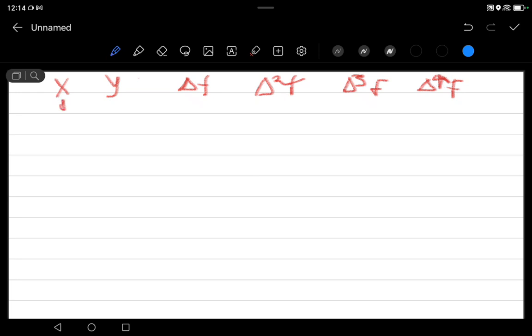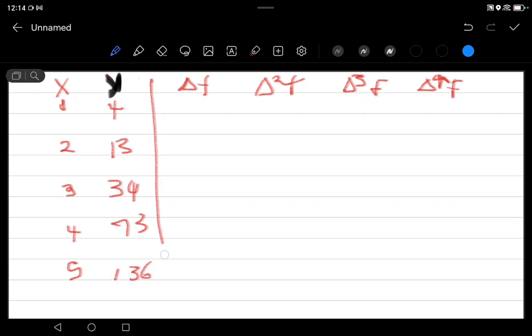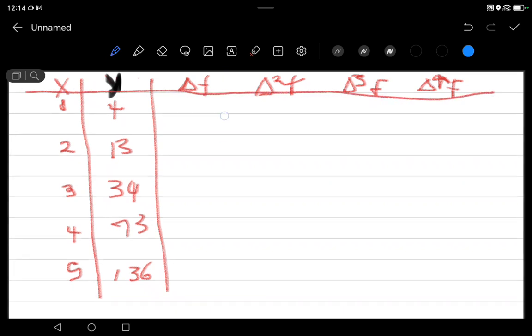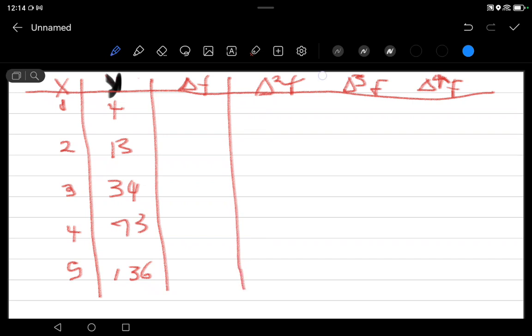Under x we have 1, 2, 3, 4, and 5, and under y we get 4, 13, 34, 73, 136. These are the values that we calculated from our function. Guys, are you following? Okay, so now we want to construct a finite difference table.